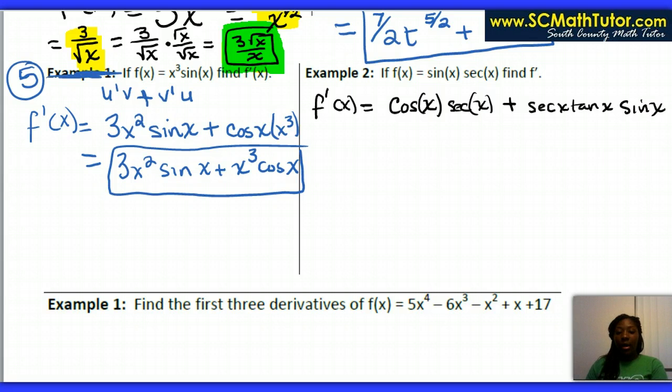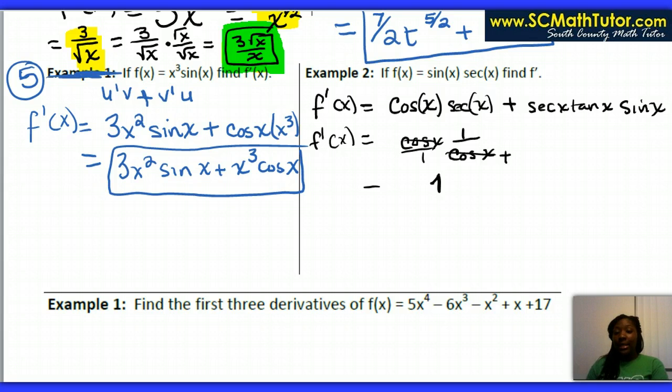Awesome. All right, so we are going to simplify this lovely mess. We know that secant is 1 over cosine of x. So 1 over cosine times cosine, check this out. These two cancel out, and you just have 1 as a placeholder. Okay, so let's see what's happening here.